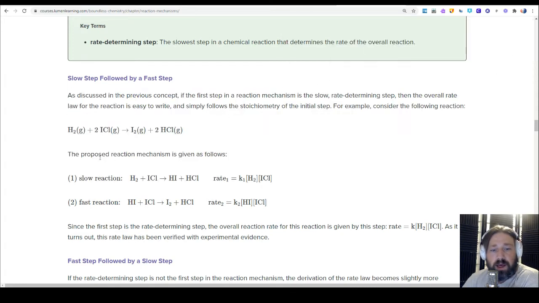Oh well. So this slow step, remember, we can take these coefficients, and that is the order of the rate law for this elementary step. And we can do the same thing for the fast step.